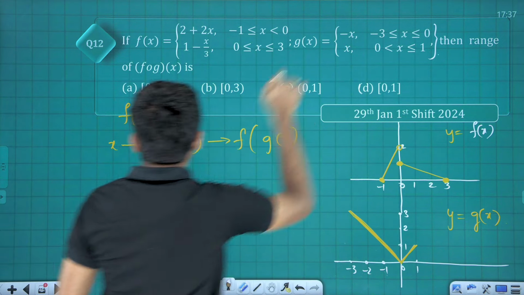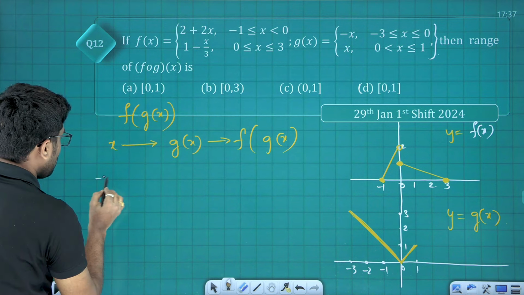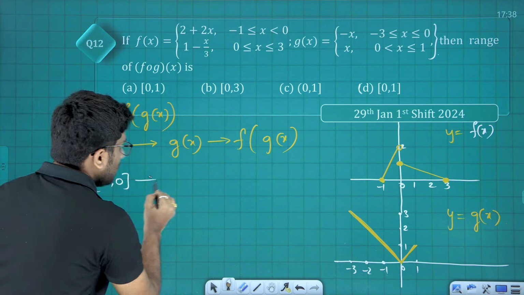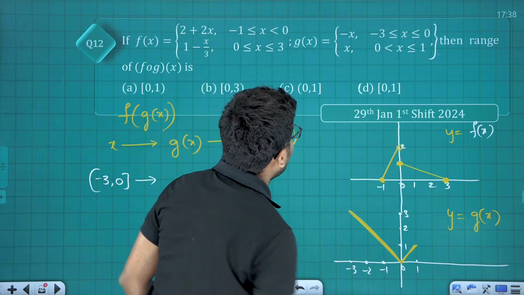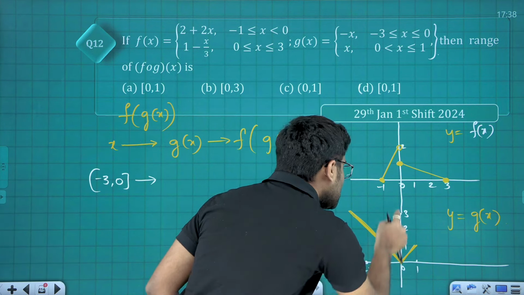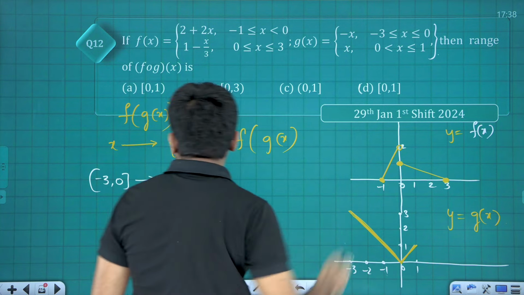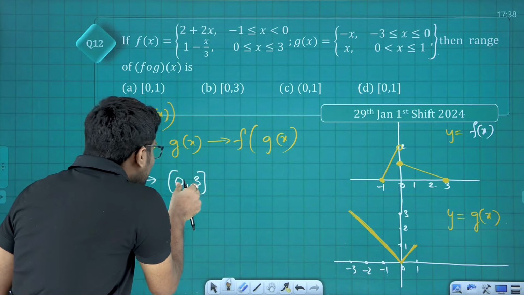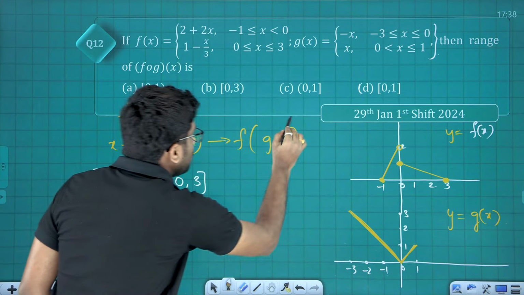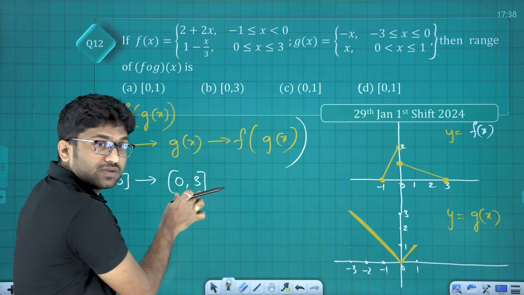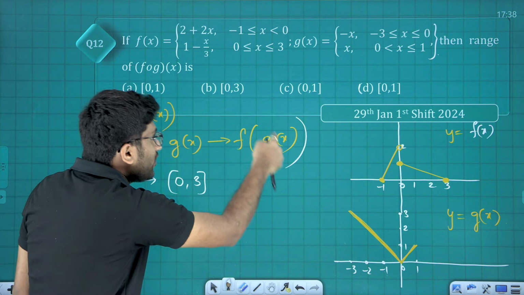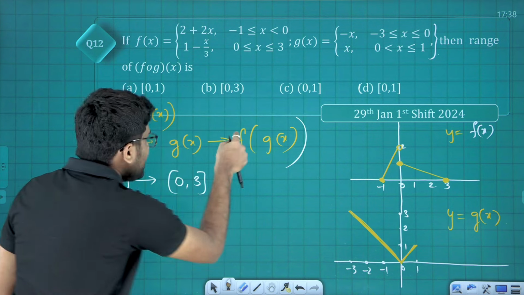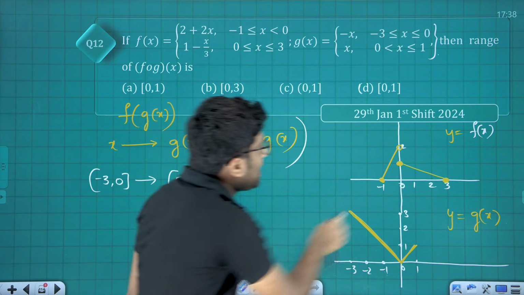Correct now? So if x belongs to -3 to 0, first case, what is g of x? g of x is ranging from 0 to 3. Okay. Now if g of x takes values from 0 to 3, f of g of x means f with 0 to 3 as input.